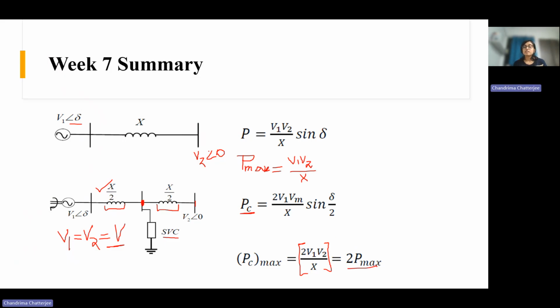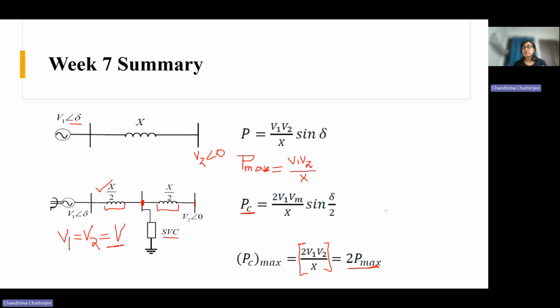So when there is midpoint compensation, we can increase the steady state power to two times the power when there is no compensation. That's why it is said that SVC can increase the steady state power transfer capability, right?